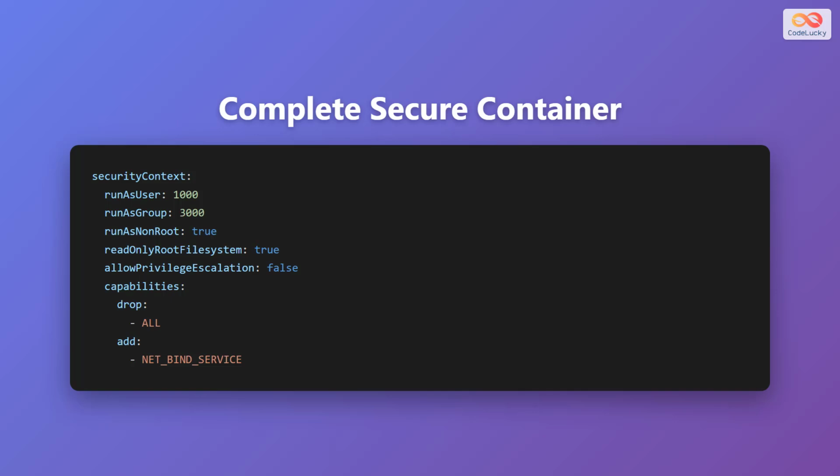In the capabilities section, we drop all capabilities first, then selectively add back only NET_BIND_SERVICE. This configuration represents a hardened container that follows the principle of least privilege, significantly reducing the attack surface while still allowing the application to function properly.